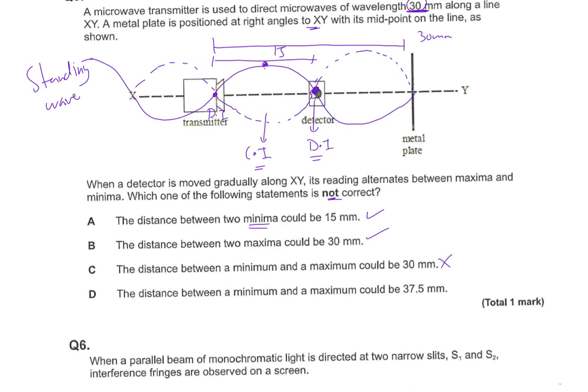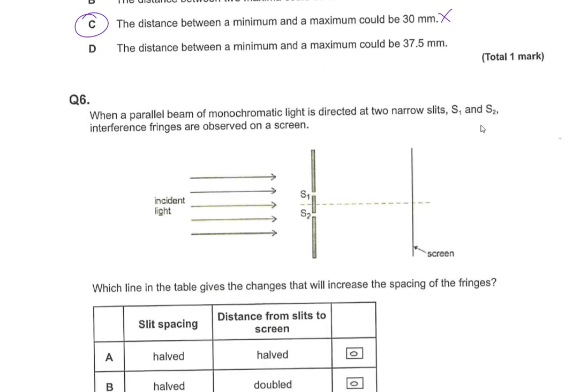From this to this would be 7.5. So this is 15, this is 30, and then this one's correct. So therefore, the answer is going to be C in this particular case. Okay, so you can clearly see that the distance from one maxima to minima is not 30 millimeters.